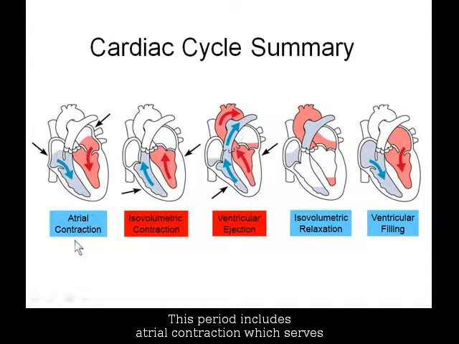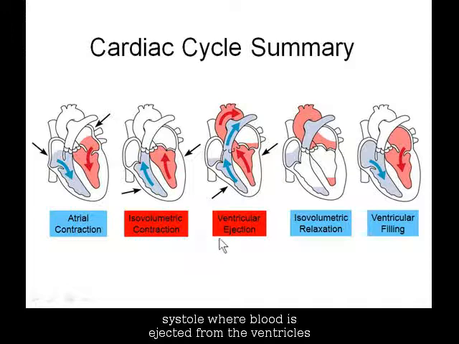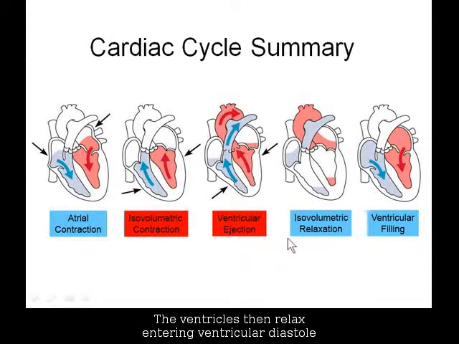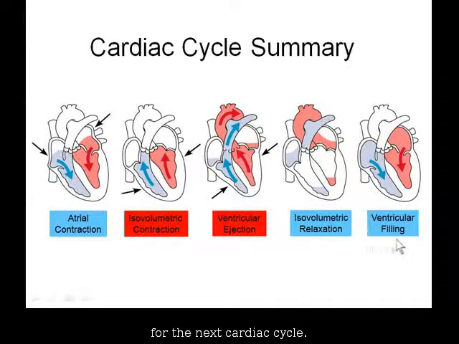This period includes atrial contraction, which serves to top off the ventricles. Once filled, the ventricle contracts, entering ventricular systole, where blood is ejected from the ventricles into the pulmonary and systemic circuits. The ventricles then relax, entering ventricular diastole, where the ventricles begin to fill again in preparation for the next cardiac cycle.